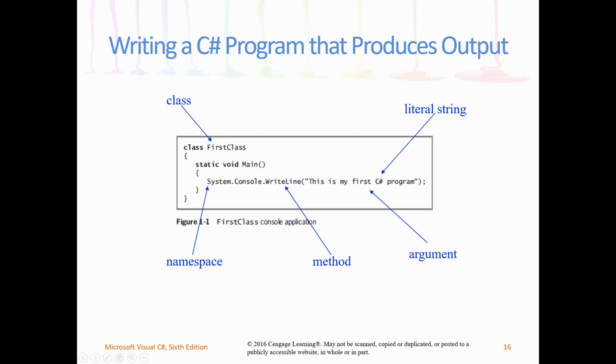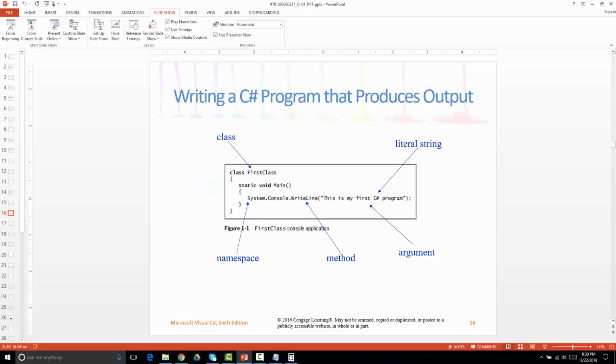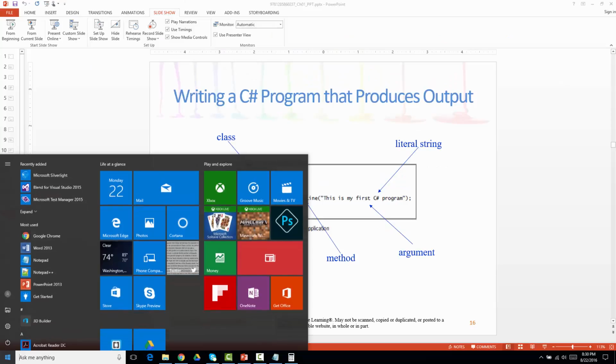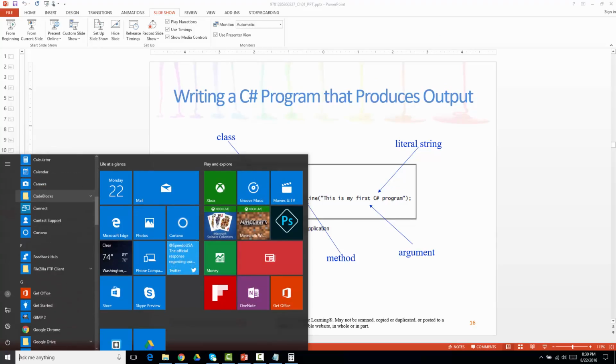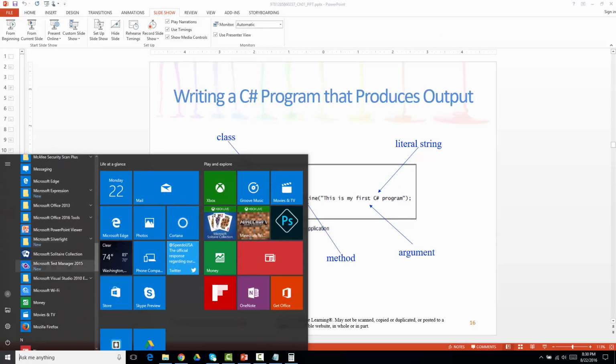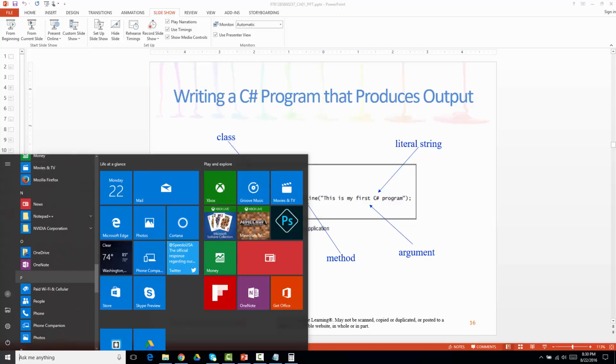So here's an example of a first C# program. We've got a class there called FirstClass, static void Main. We're going to write this as my first C# program. I'm going to go back to this in just a minute, but what I'm going to do right now is show it on my computer, where I've already got this loaded. I'm sure Evan is going to show his class how to load that.